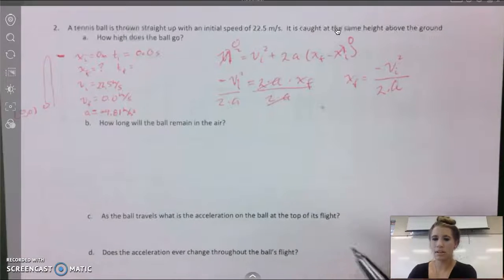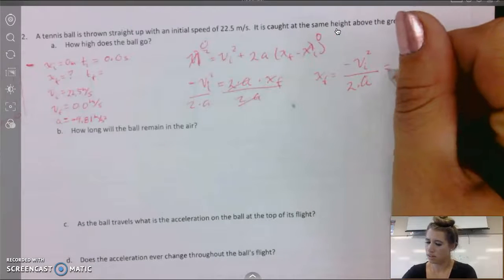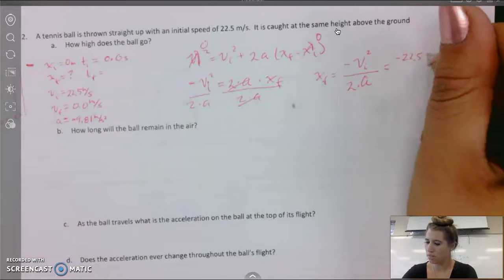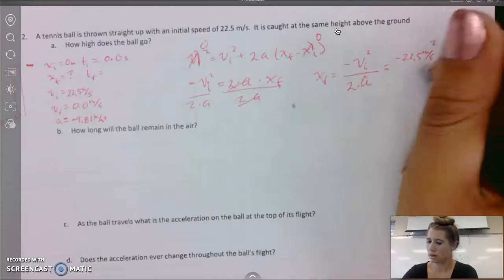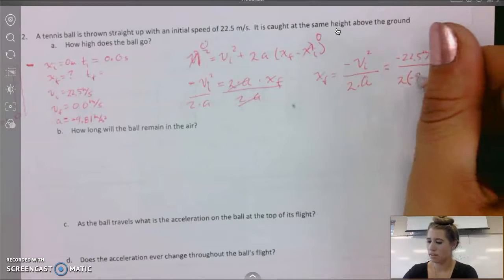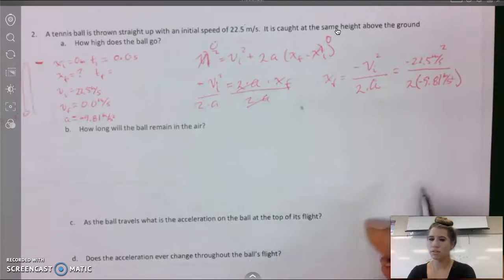And now let's just plug in those values. We know that velocity initial is 22.5 meters per second, so we have a negative 22.5 meters per second, and that's going to be squared. And we're going to divide that by 2 multiplied by negative 9.81 meters per second squared. And so this is great, right?